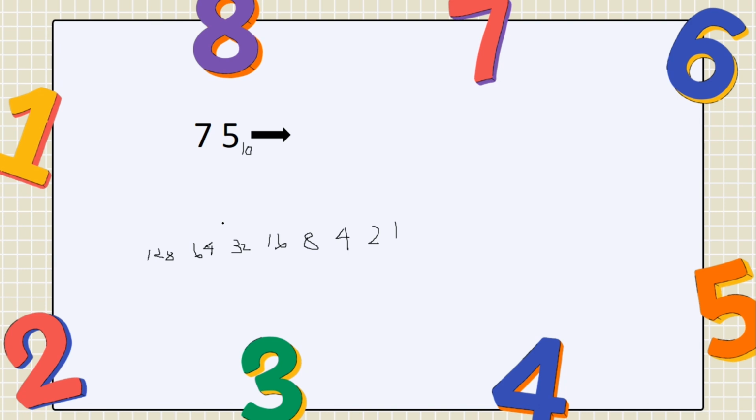And 128 times 2 pa ta, it will be 256, which is sobra na. Always just limit lang sa given number.